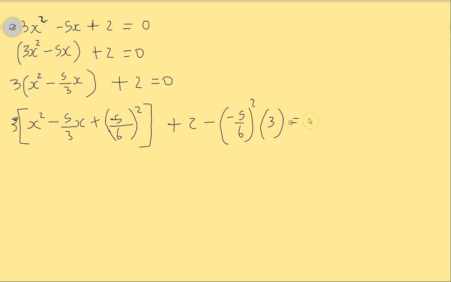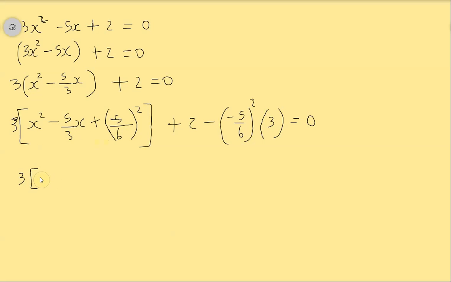And remember, all of that is equal to 0. Great. So now we can write our 3 bracket. Now we can write it in the square form.